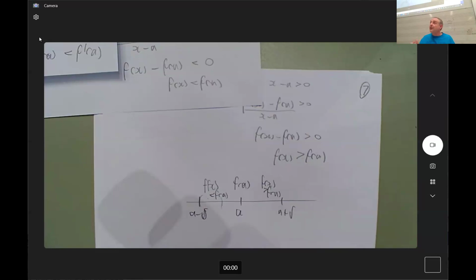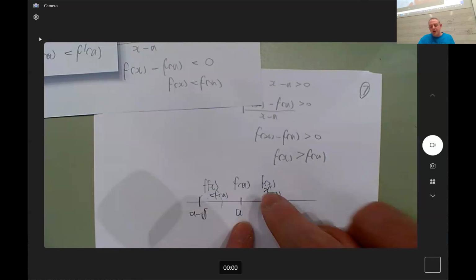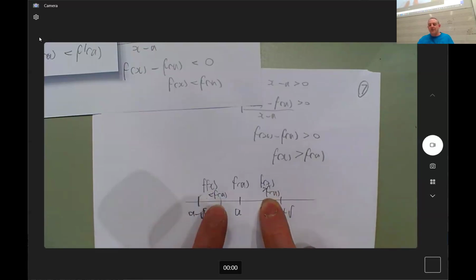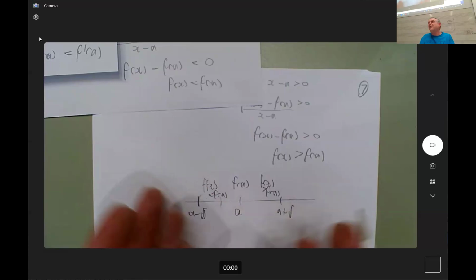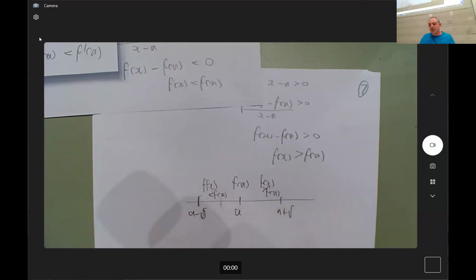But I do know definitely that any value here has a higher f value than any value here. Well, we're still on either side of a though, right? My question is, I don't know whether it's increasing in this zone.